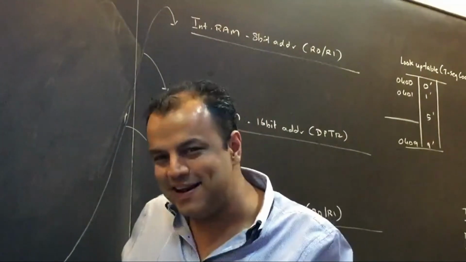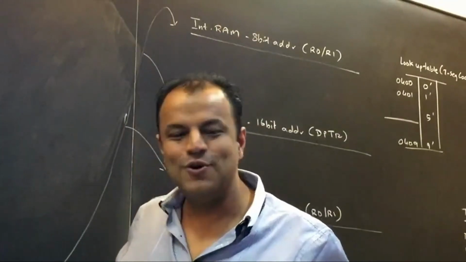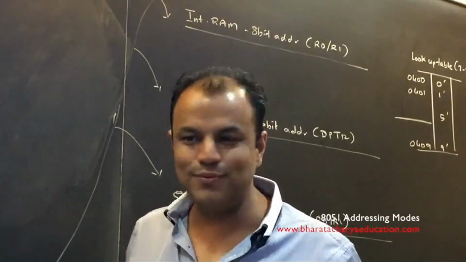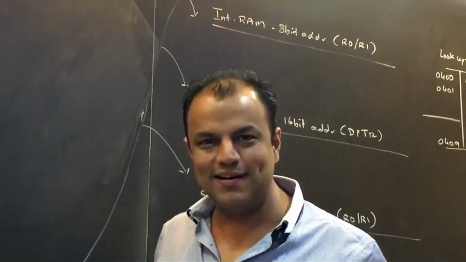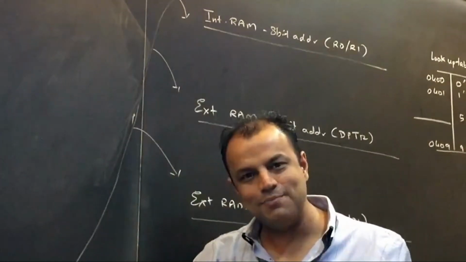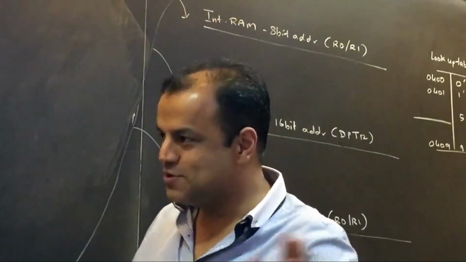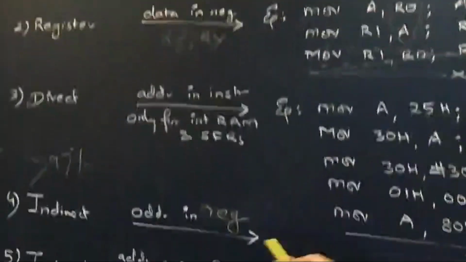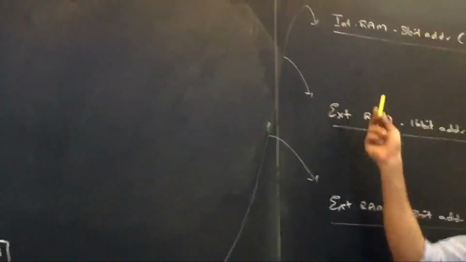Because RAM contains data. ROM contains programs. What do you want to add, subtract, multiply, data? Do you want to add two programs and make a big program? No. You want to add data, you want to subtract data, you want to multiply data. So all these instructions basically are focused on the RAM because RAM contains data. Okay, so coming back, direct addressing mode was only for internal RAM. Indirect addressing mode is for both internal RAM and external RAM.